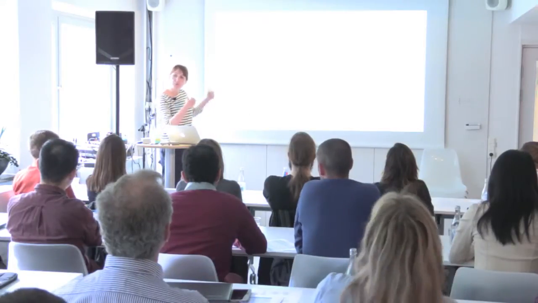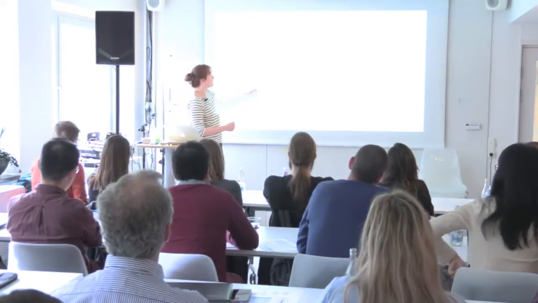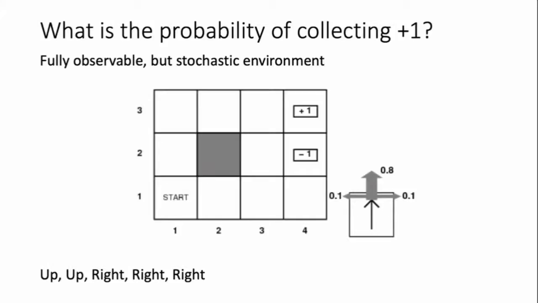If you blindly repeat this policy and you go up, up, right, right, right, you've got 0.8, 0.8, 0.8, 0.8, 0.8 plus 0.1, 0.1. So 0.1 is the probability that when applying action up here, you will end up here. Now 0.1 is the probability that when applying action up here, you're going to end up here. 0.1 is the probability that when applying action right, you will end up here.